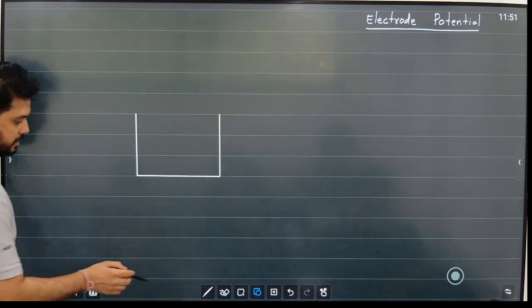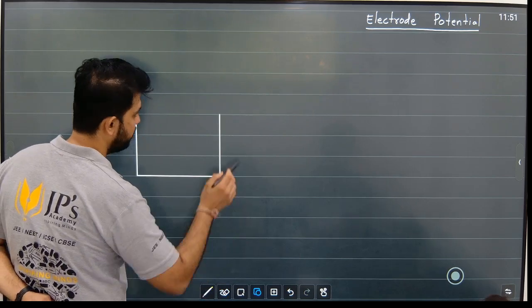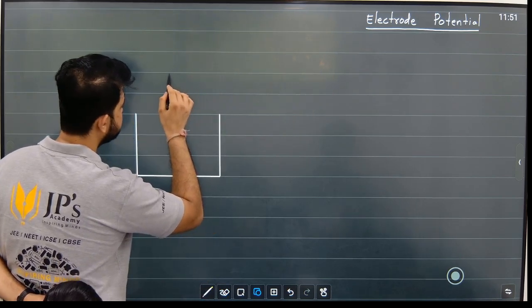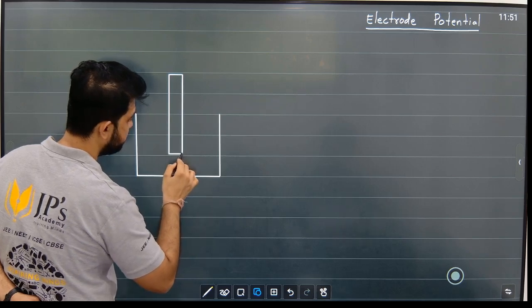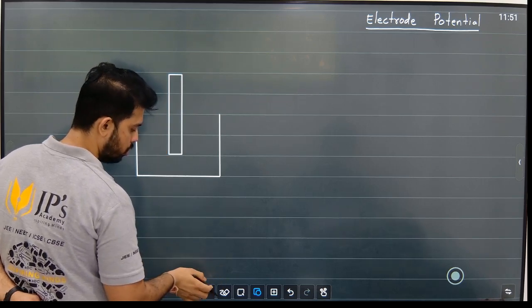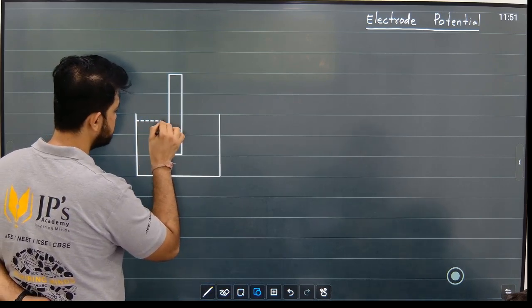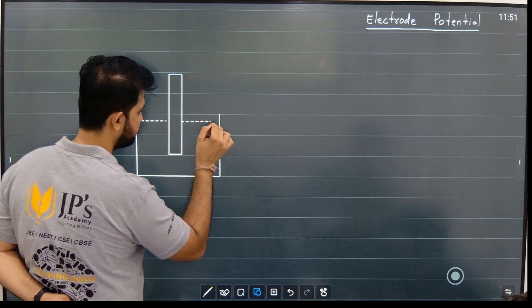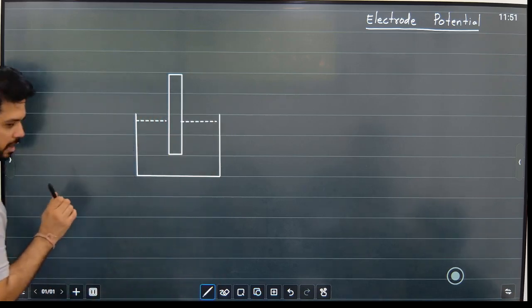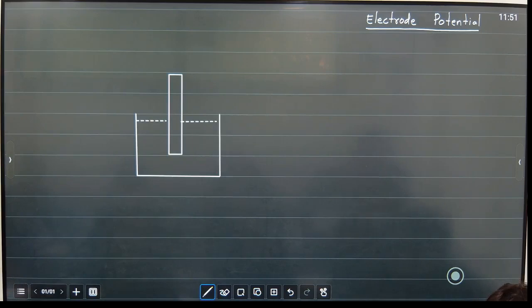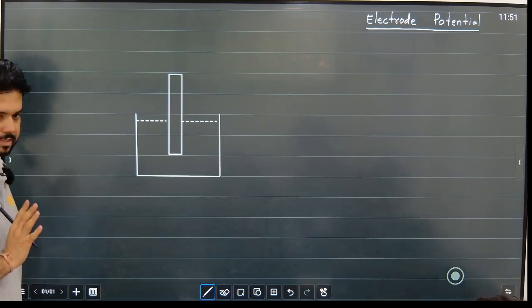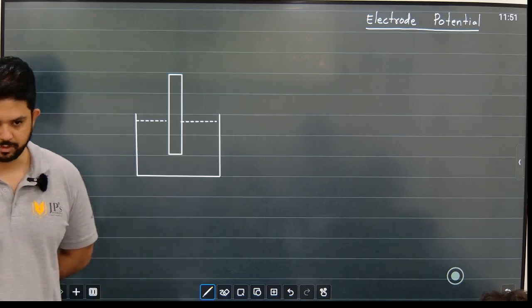हमारे पास है एक metal rod which is dipped in its own ions. Solution containing its own ions. ठीक है? So, for example, we had taken zinc rod which was dipped in ZnSO4 solution.